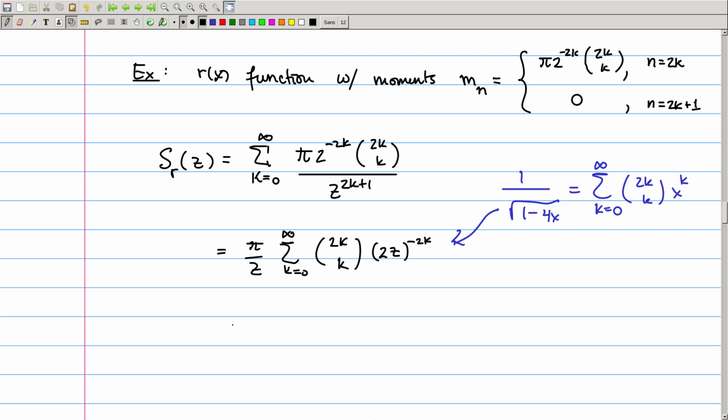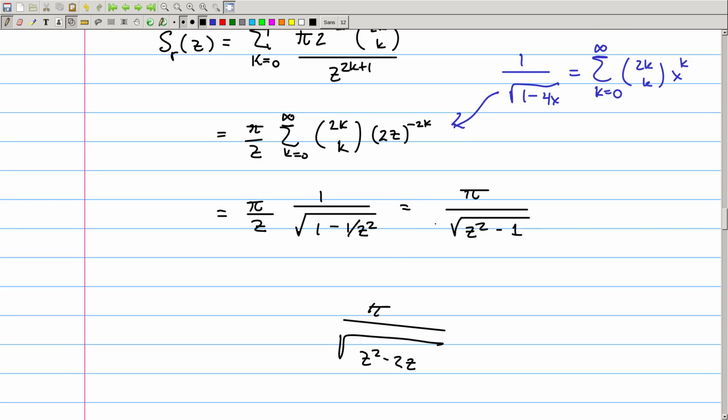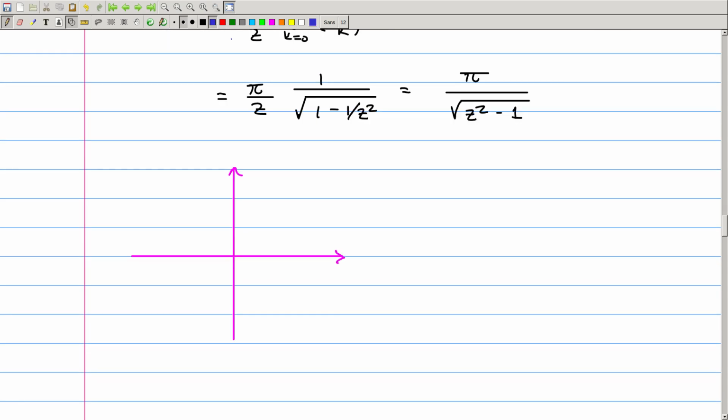So with that in mind, I can rewrite my sum as pi over z times 1 over the square root of 1 minus 1 over z squared, which of course simplifies to pi divided by the square root of z squared minus 1.